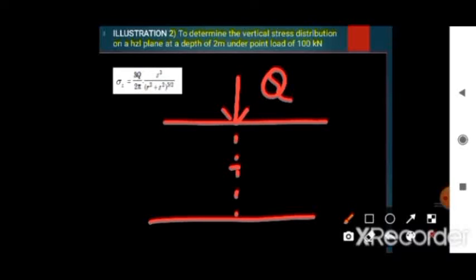As we go away from this line of action, by a given radial distance, in the lateral direction, for example 1 meter, 2 meter, 3 meter on each side, and go on calculating the value of sigma z, this value is going to reduce like this.